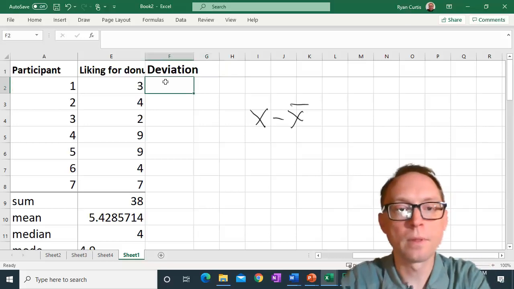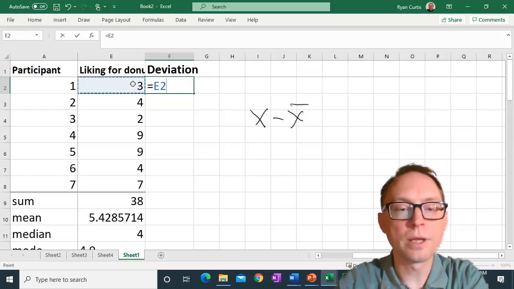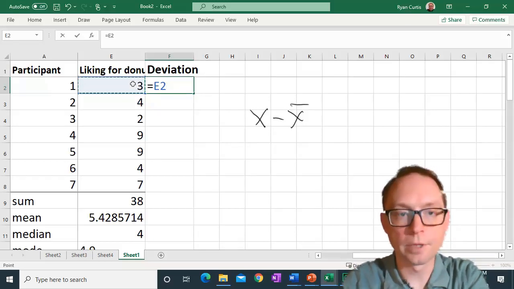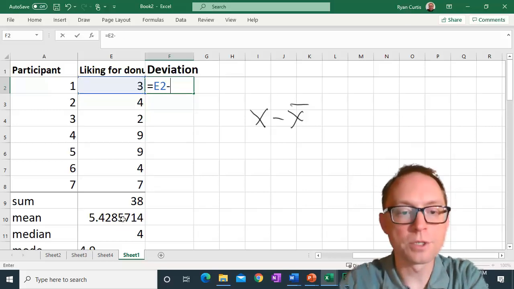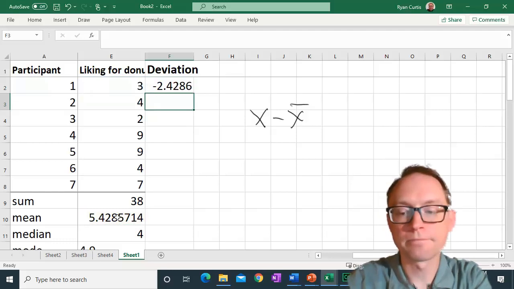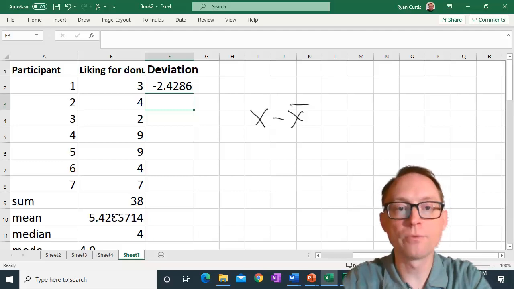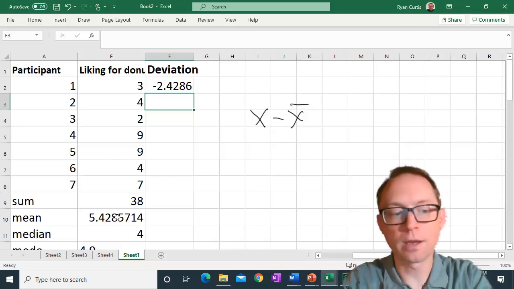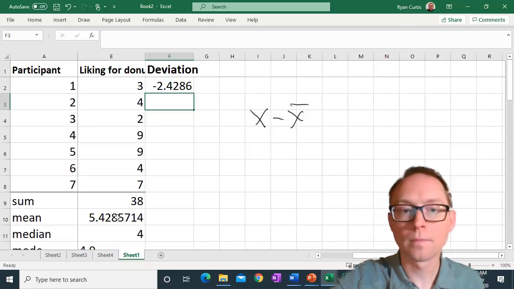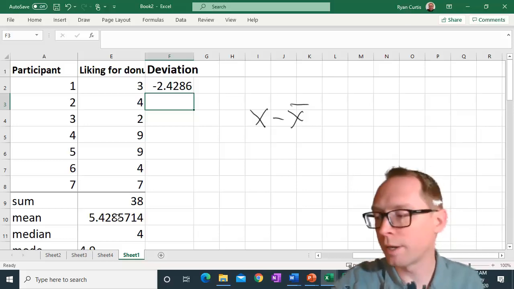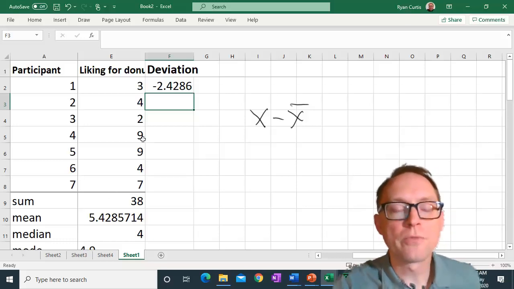So person 1, their deviation is going to be x, their score, their liking for donuts, minus x bar, which is the mean liking for donuts. So participant 1's deviation is negative 2.43. That's their deviation.